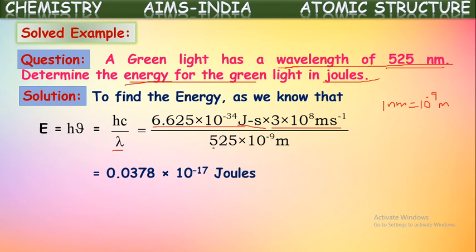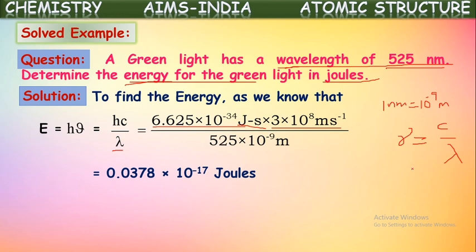In this way, we can find the energy. Not only energy: based upon these relations, they may give certain quantities and ask us to calculate the remaining ones. Here they have given the wavelength and asked to calculate energy. Then from the same data, they may ask us to calculate frequency also. Then we have one more formula, nu is equal to c by lambda. We know the wavelength, so we can calculate frequency.